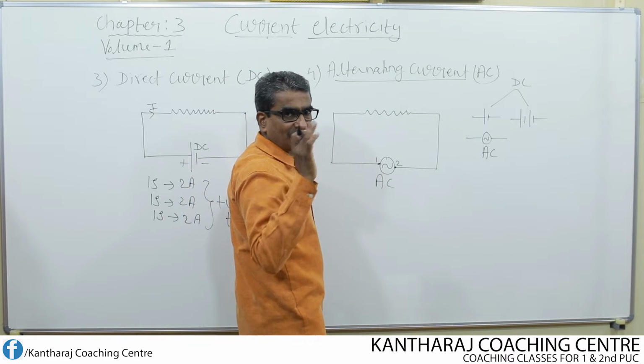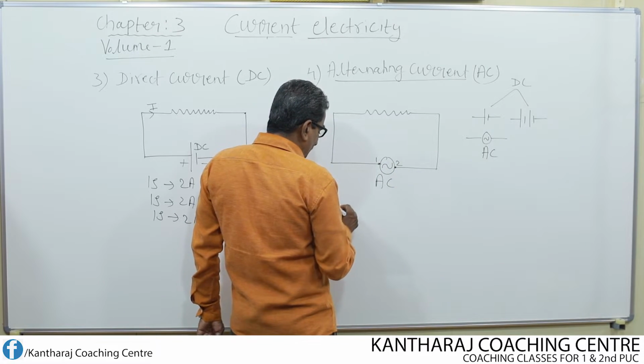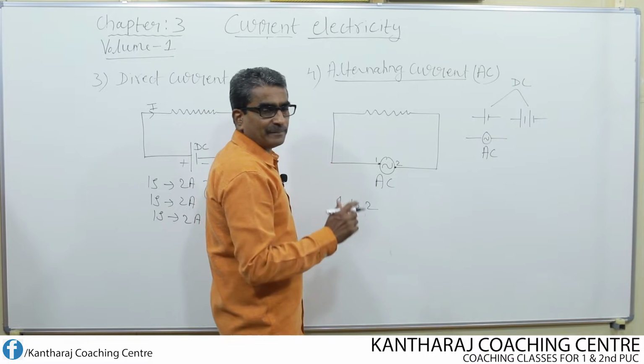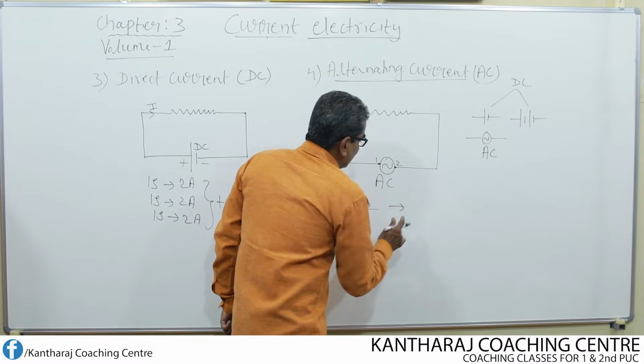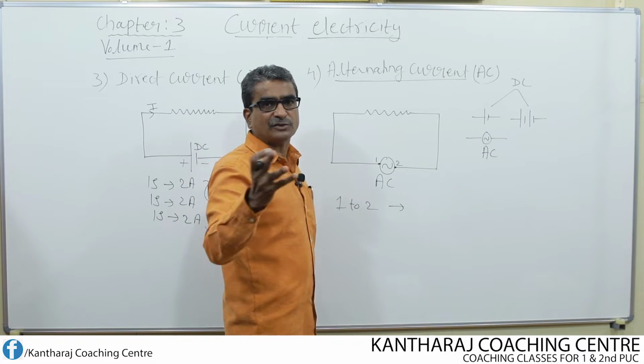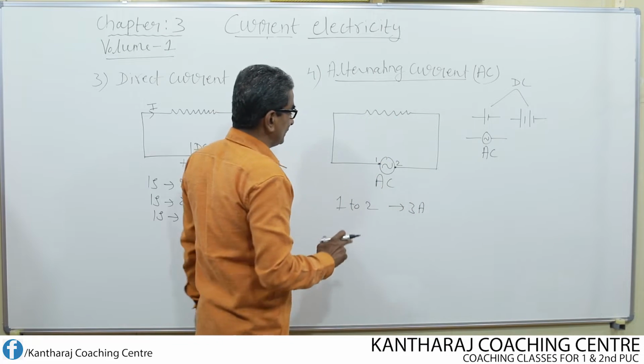But how does this current flow? Suppose from terminal 1 to terminal 2, the maximum current that flows through the wire is 3 ampere, then how does it flow?